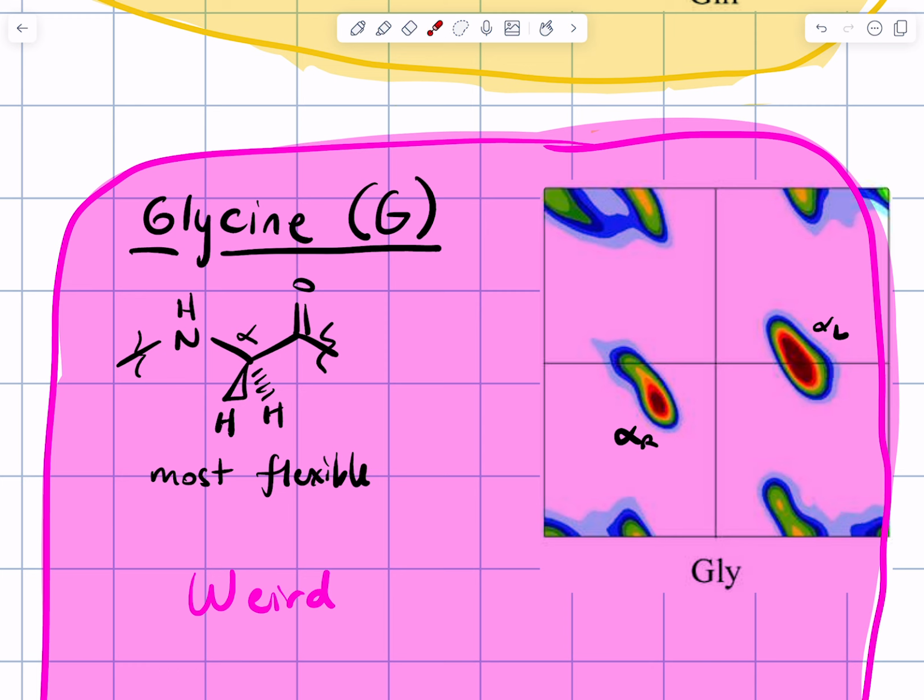Glycine can now adopt a whole bunch of dihedral angles that the other amino acids can't, and that's because it simply doesn't have a side chain here that causes steric clashes. So glycine's more flexible, and it's comfortable adopting dihedral angles here and on the other side where none of the other amino acids are very comfortable.